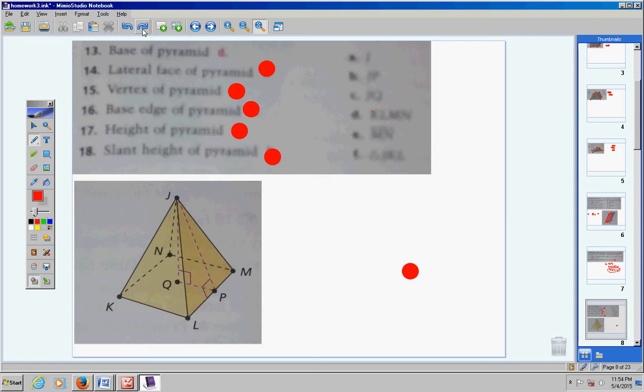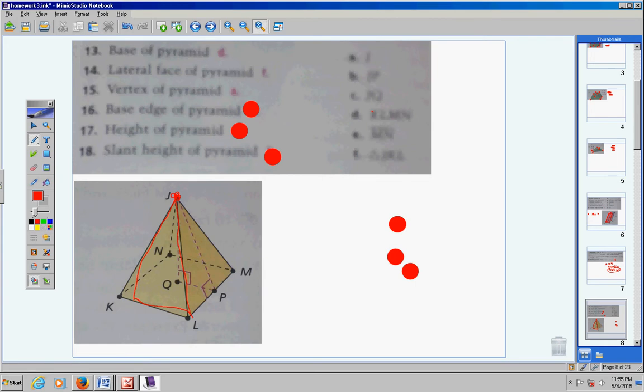So as I look at the answers here in my book, I would think F because it says triangle JKL. Here's J, then down to K, then over to L, and then back up, okay? So that is a lateral face. So the lateral face of the pyramid would be letter F. The vertex of the pyramid is this right here, which is point J, and it looks like that's going to be letter A, alright?